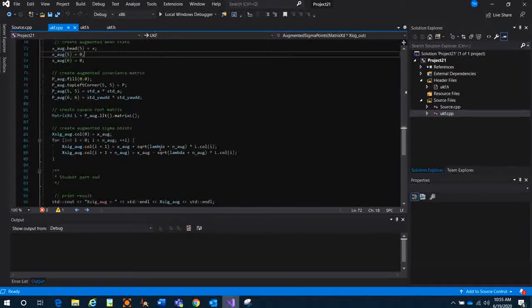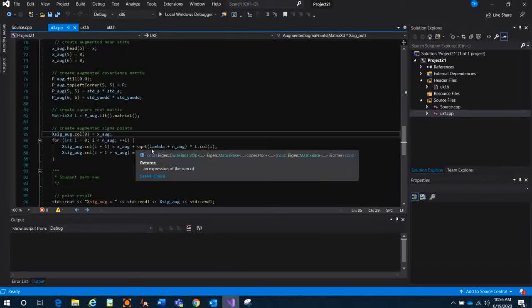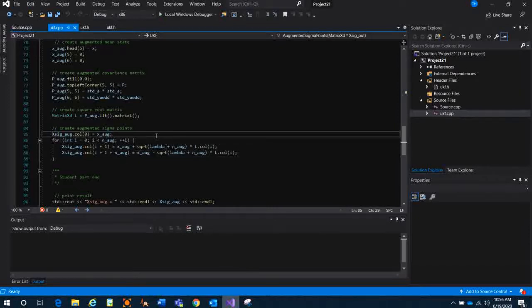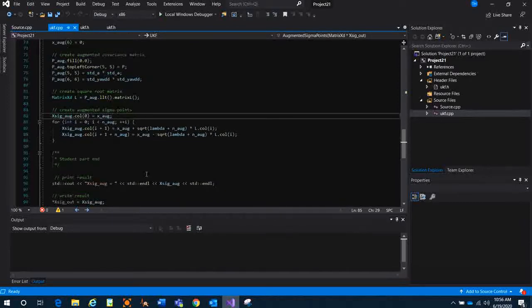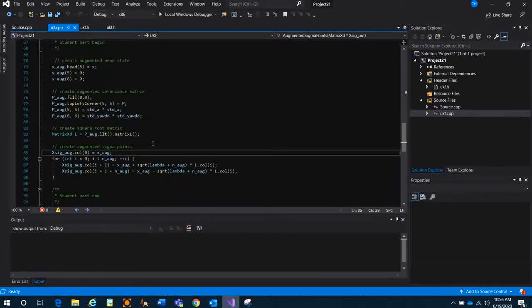And we continue to the other columns. You see, the first column of this matrix is the mean, equal to x augmented. Then for columns 2 to 15 you apply the formula x plus square root, and you plug it into the matrix right here. That's it. I hope you understand.